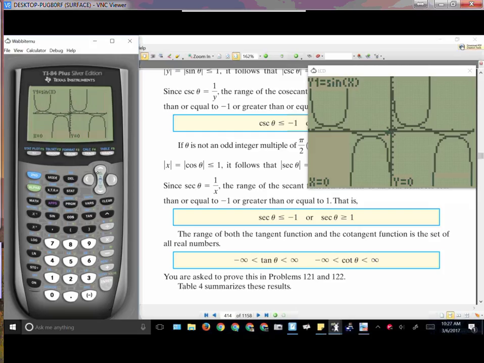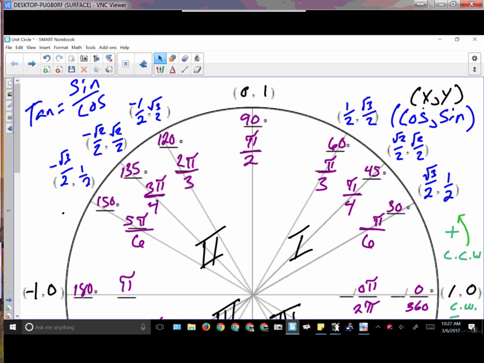Oh, I'm on the wrong one, sorry. There we go. 0, undefined. Okay. If I put in pi, undefined. Well, again, if sine is supposed to be our y, when we put in 0 or we put in pi, that's when y approaches 0. That's where we should see our points of discontinuity.